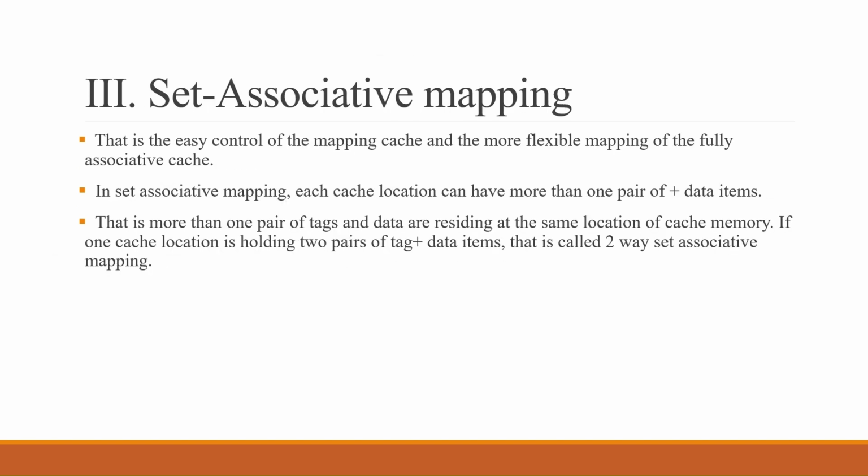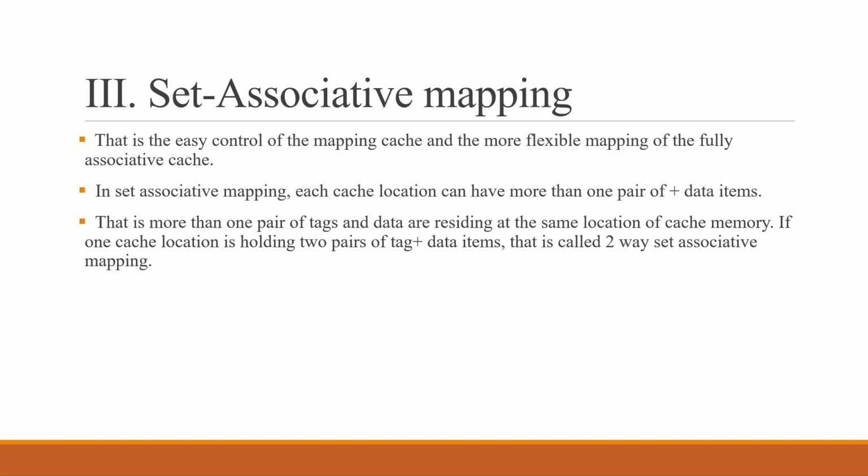Okay, now let us see the set associative mapping. Set associative mapping is a hybrid cache mapping technique that combines the simplicity of direct mapping and the flexibility of associative mapping. That means it is a combination of both direct as well as associative mapping. In this technique, each block of the main memory is mapped to a set of blocks in the cache memory, and the mapping within this set is associative.